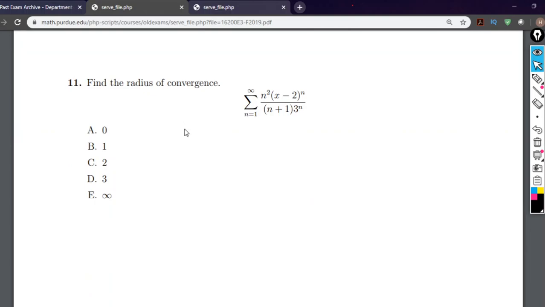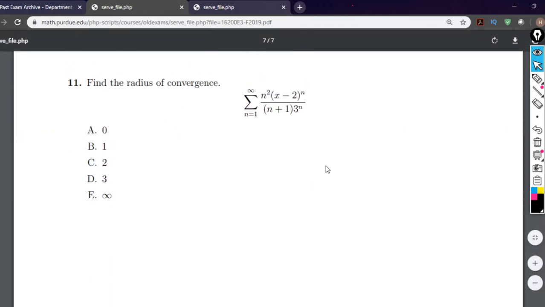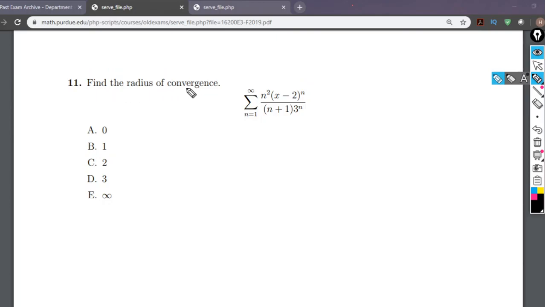And moving on to 11, finding the radius of convergence for this series. So finding the radius of convergence or the interval of convergence usually involves ratio tests, since when we take the ratio of the n plus 1 term over n, we take the limit of that. We can see that if it converges, it will be less than 1.